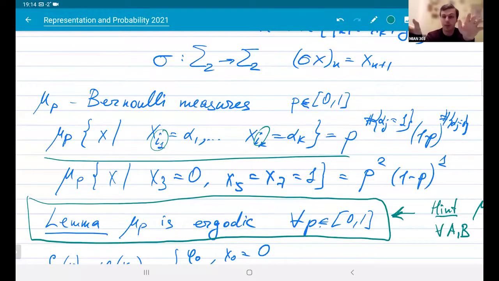So A says something about, say, positions 0, 5, 22, while for B you have, say, positions 5, 22, and 26.